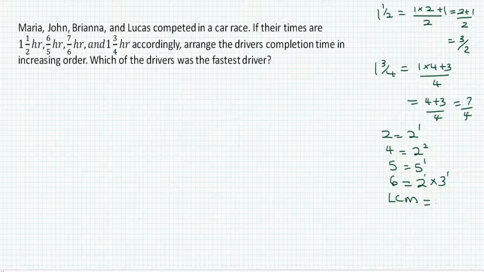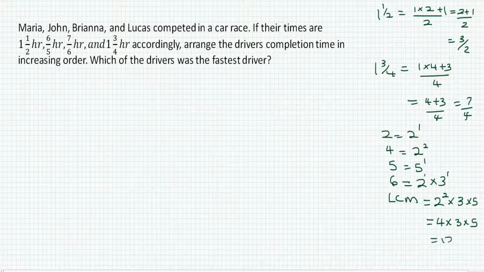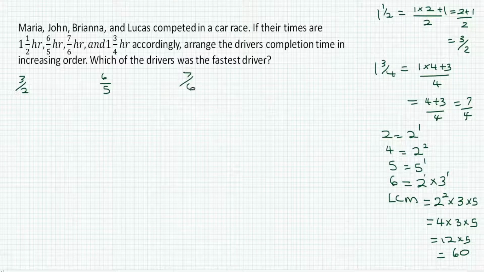So the LCM is going to be 2 squared multiplied by 3 multiplied by 5, which is 4 times 3 times 5, which is 12 times 5, and that gives us 60. So now our fractions are 3 over 2, 6 over 5, 7 over 6, and 7 over 4.